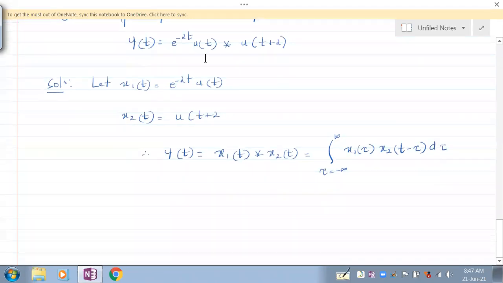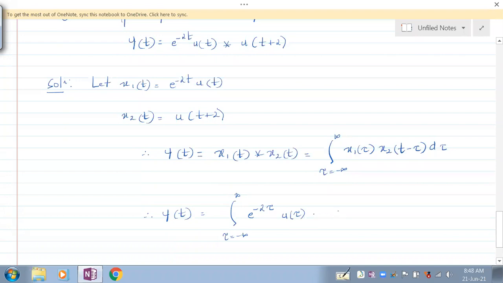So if we bring in x1 of tau and x2 of t minus tau, how would this equation look? With the given signals, this y of t would look like integration tau ranging from minus infinity to plus infinity. If this is x1 of t, writing x1 of tau is just replacing t by tau, that is e power minus 2 tau u of tau.